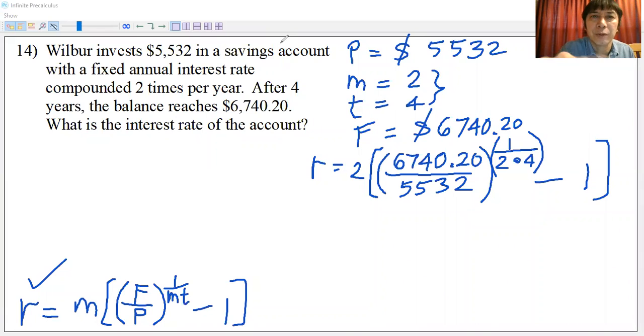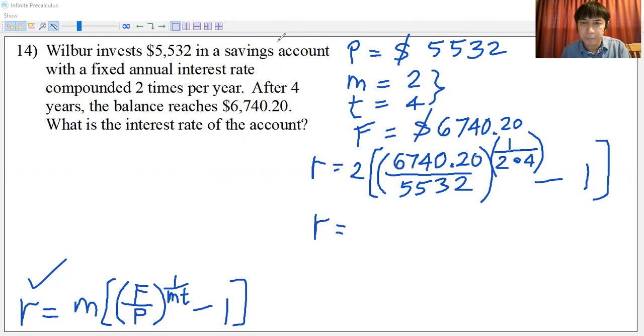So this will now be R. Let me do the calculation. So we have 6,740.2 divided by 5,532.